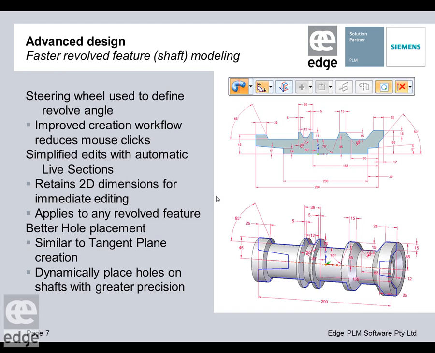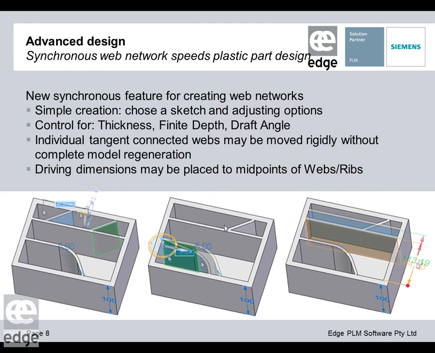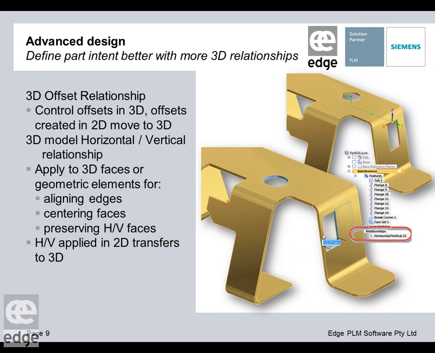A lot of work on revolve features, shaft modeling. It's simplified that a great deal, as you'll see. It picks up dimensions from the sketch and automates a great deal of the process. With synchronous, web networks have been sped up considerably, and there's a lot of new tools for web networks, making anything you want to do in webs more applicable in synchronous than it ever has been.